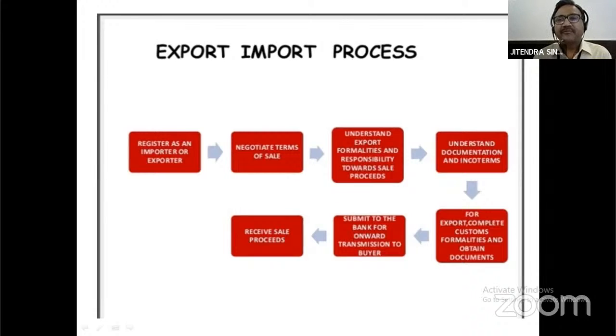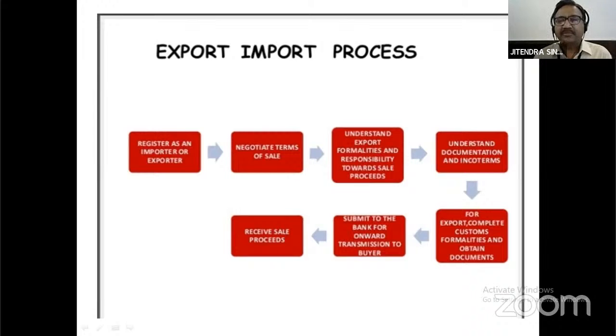After that, we understand the documentation process. What are the different documents, different forms, formalities required between exporter and importer? If we are not able to fulfill those documentation formalities properly, then it may cause legal issues either with the buyer or with the seller.